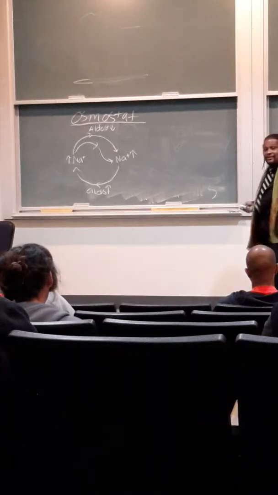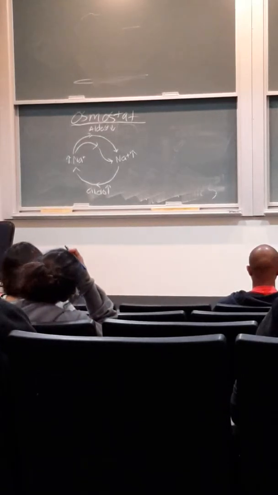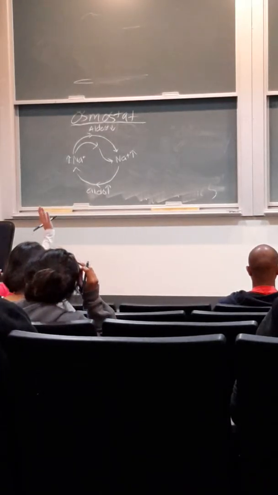Did you write that down? Did everybody write that down first? Did I write something wrong? If sodium goes up, aldosterone goes down. If aldosterone goes down, sodium goes up. You got it written down?